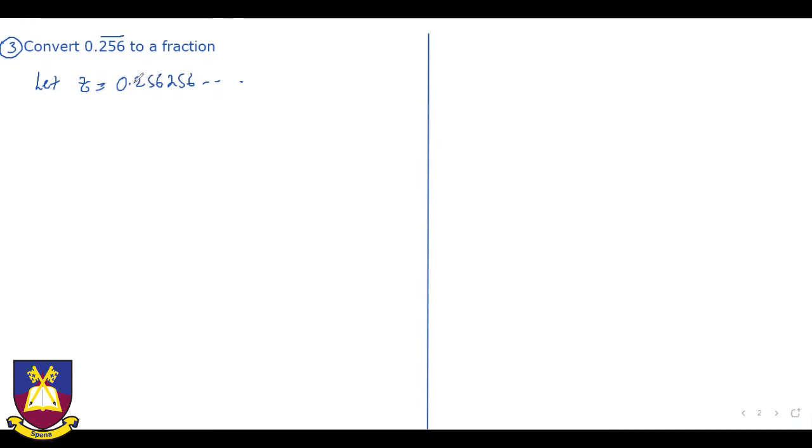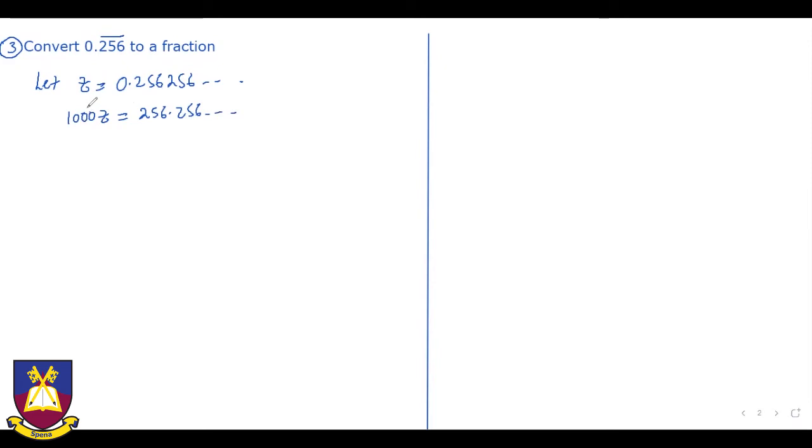We have to look at this and see that there are three recurring numbers. So we need to get a number that when we multiply z brings this decimal point just after the first set of recurring numbers here. And that is 1, 2, 3. That means we multiply by 1000. 1000z will be 256.256 recurring.